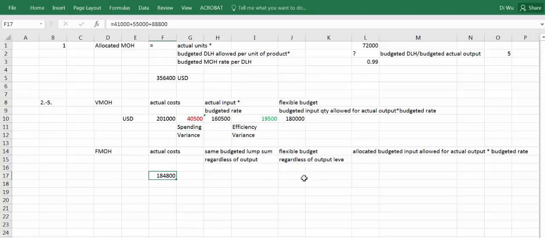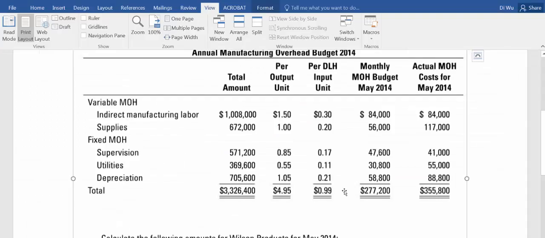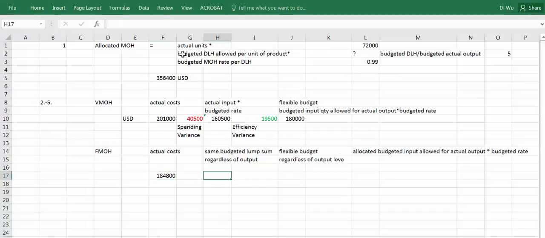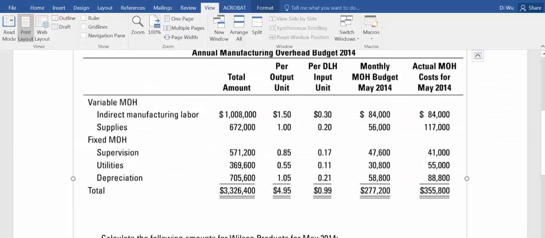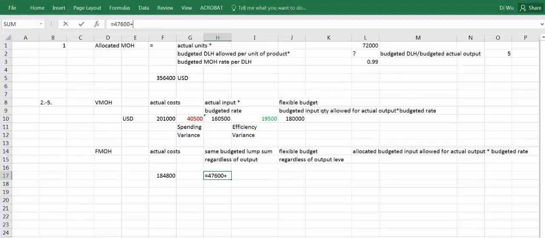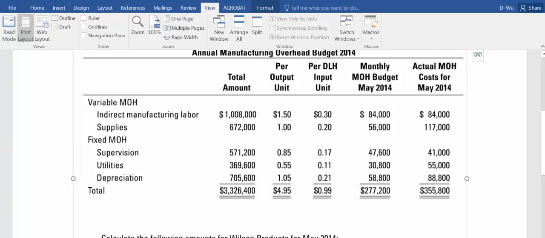Now let's go ahead and find the budgeted. For the budgeted amount, it's quite easy to find out, because all you have to do is visit this table once again, then add the budgeted numbers together. We're going to add 47,600 to 30,800, then to 58,800.